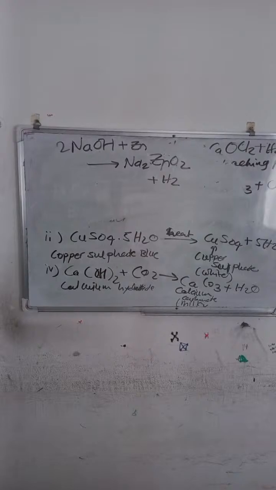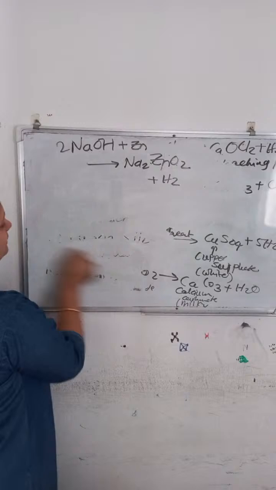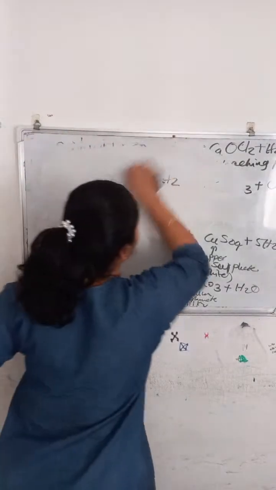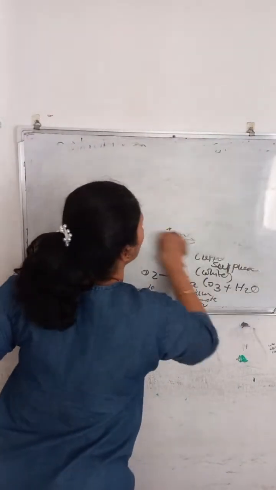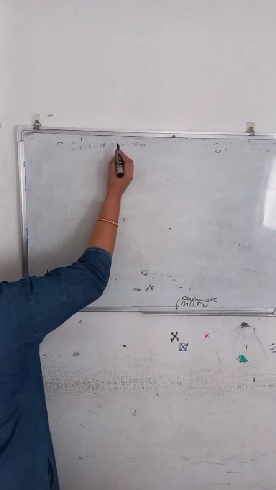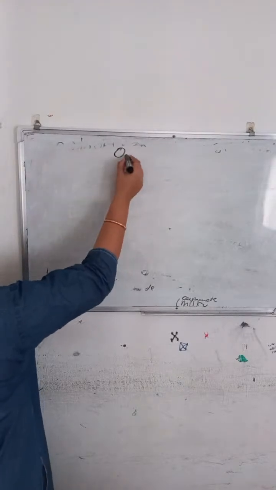UV radiation dissociates, or breaks down, the oxygen molecules, and the freed oxygen atom combines with an oxygen molecule present in the atmosphere.